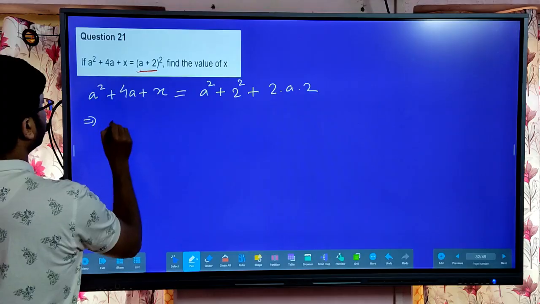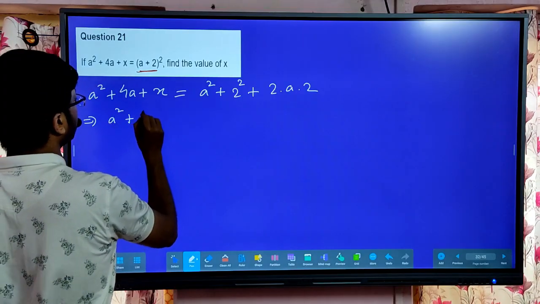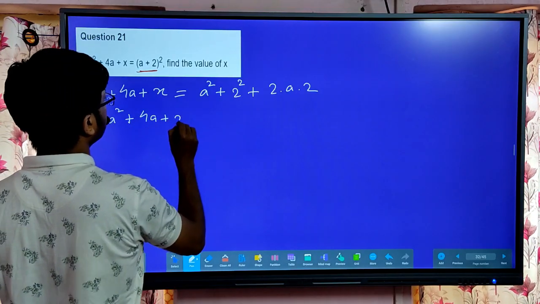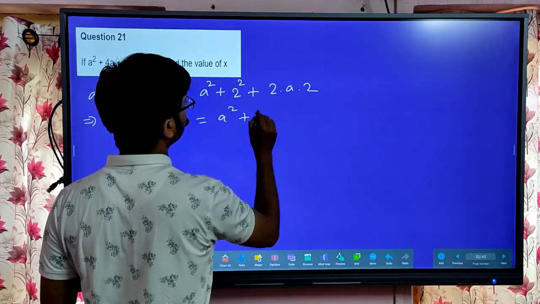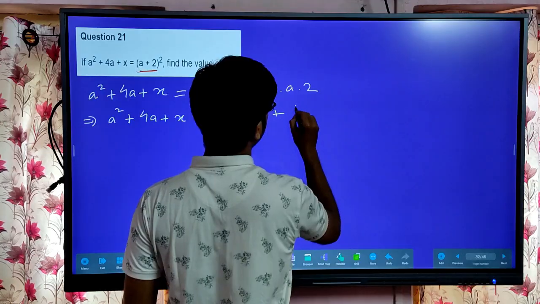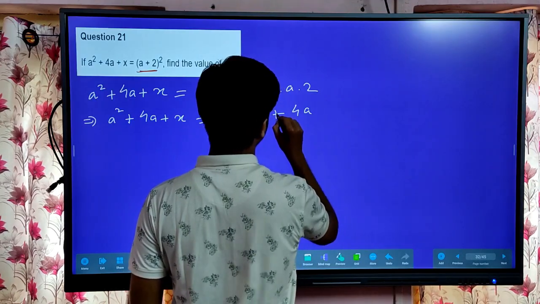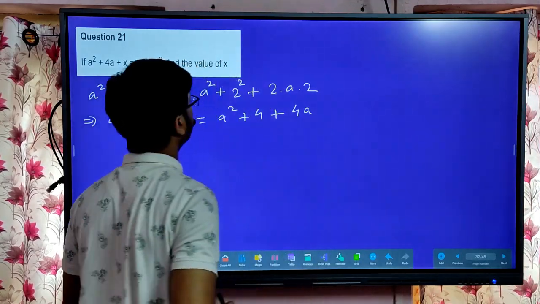Let me once again write a square plus 4a plus x equal to a square plus 4 plus 4a. Okay.